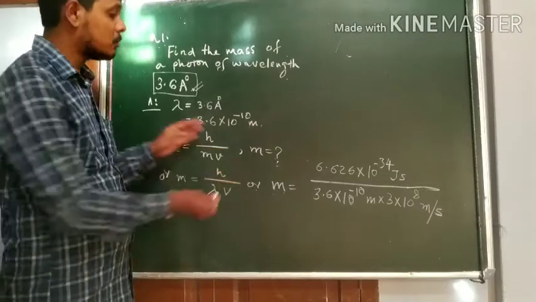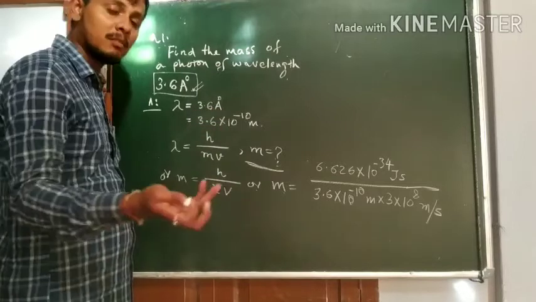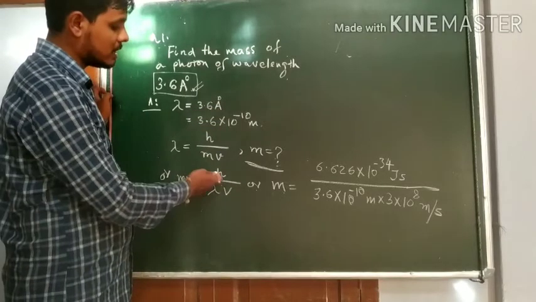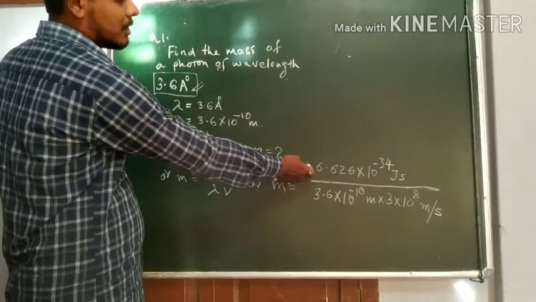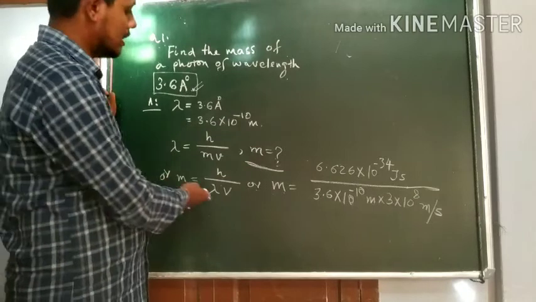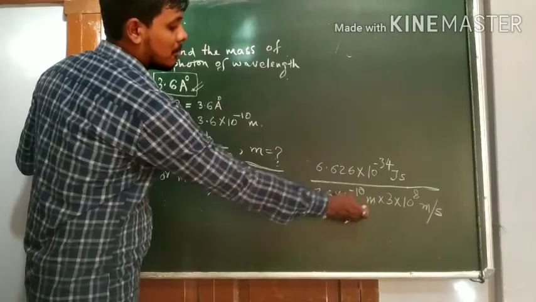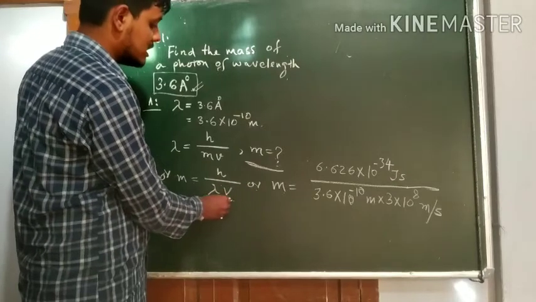You are asked to find out what m is. For a photon with this wavelength, what is the mass of that photon? So m equals h by lambda v, where h is 6.626 into 10 to the power minus 34 joule second, lambda is 3.6 into 10 to the power minus 10 meter, and the velocity. So what is the velocity of a photon?